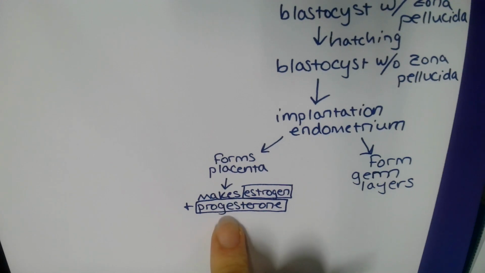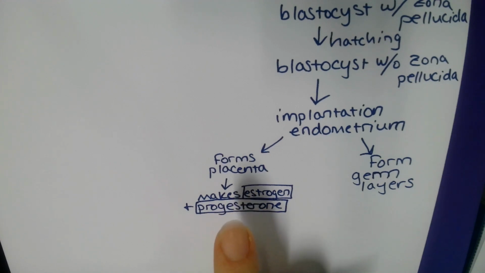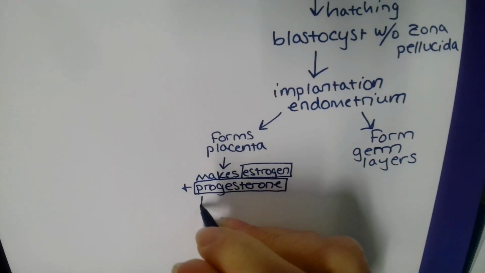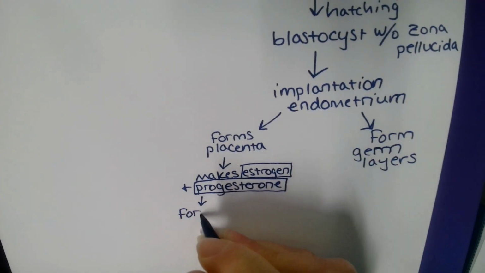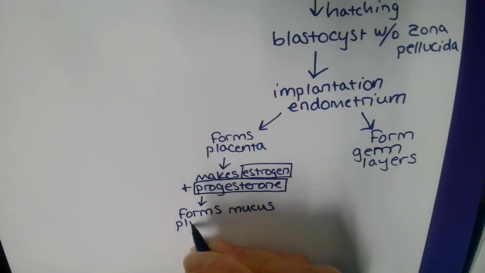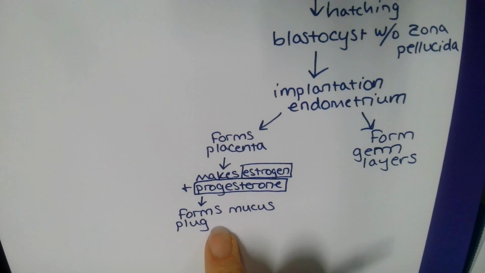It actually doubles the progesterone levels. And when those drop, that's going to stimulate childbirth at the end of pregnancy. For right now, that progesterone is going to help form the mucus plug. And the mucus plug is going to seal the cervix, and the progesterone keeps it replenished. It's constantly refreshed the whole pregnancy. And when a woman loses her mucus plug, that is a sign she is about to go into labor.